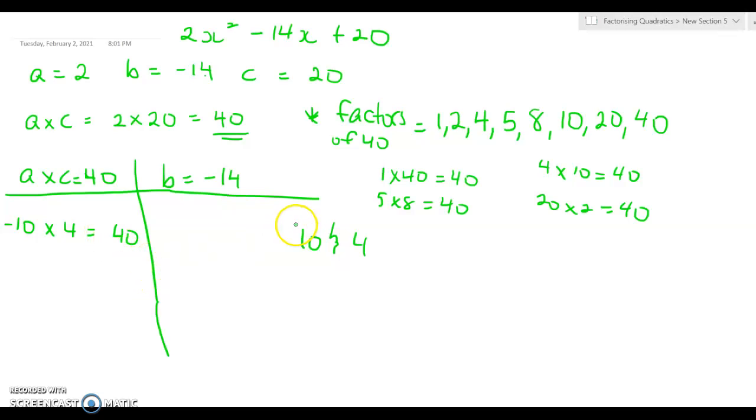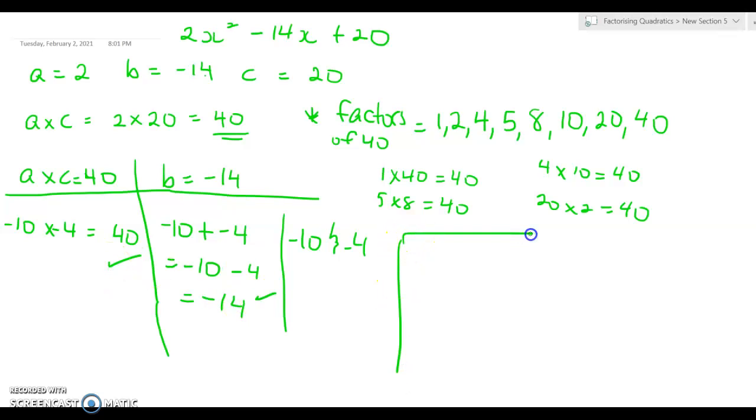But I want positive 40. That means I need to have two negative numbers in order to have that positive 40. And then negative 10 plus negative 4 would give you minus 10 minus 4, which is minus 14. So you see how we get that there, right?